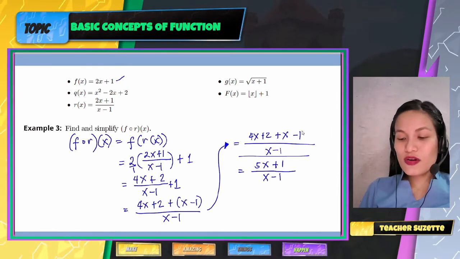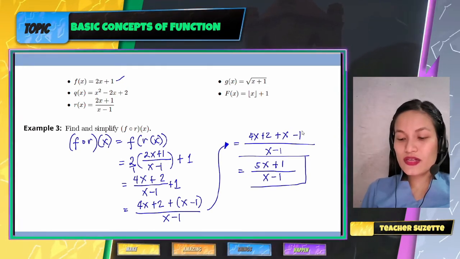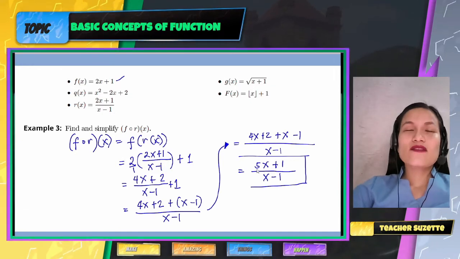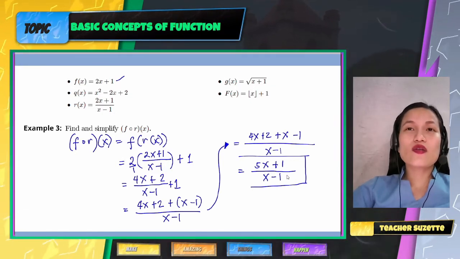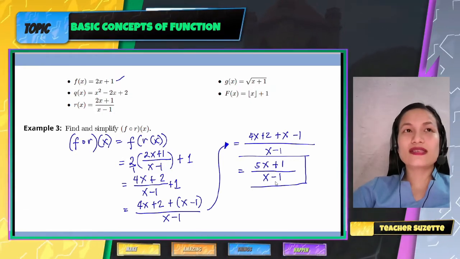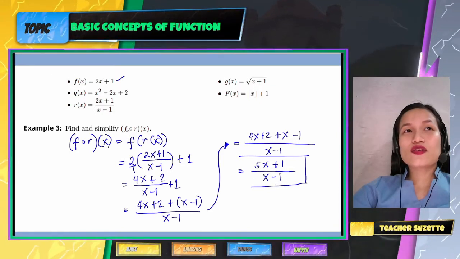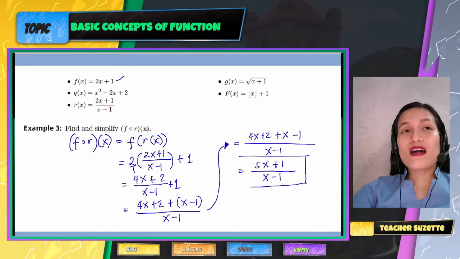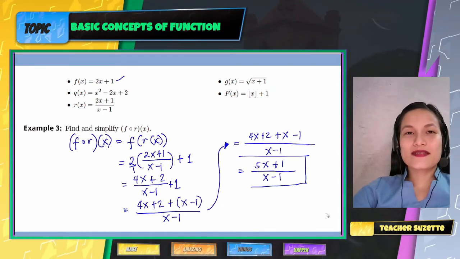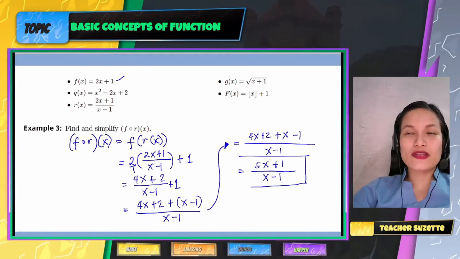So, therefore, our answer for our third example is 5x plus 1 all over x minus 1. So, this is the simplification of the composite function of f with r of x. So, that's it for example number 3.